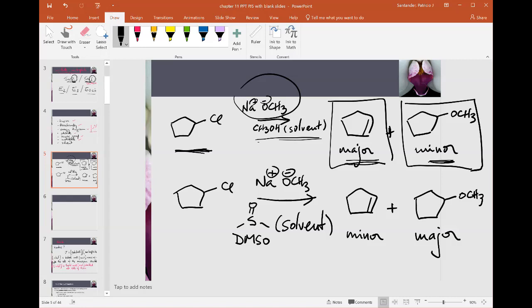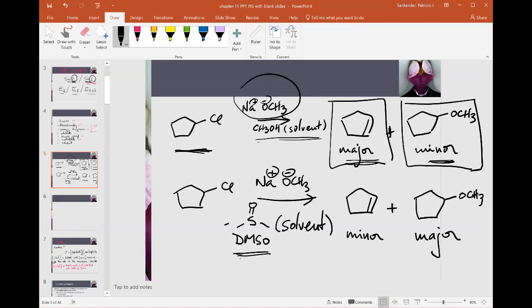How about if you run the reaction in a different solvent? Let's say you run the reaction in DMSO. DMSO stands for dimethyl sulfoxide, and that is the structure of dimethyl sulfoxide. Sulfur oxygen double bond with a couple of methyl groups on the sulfur.